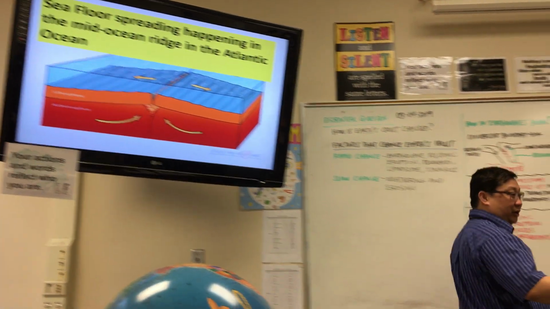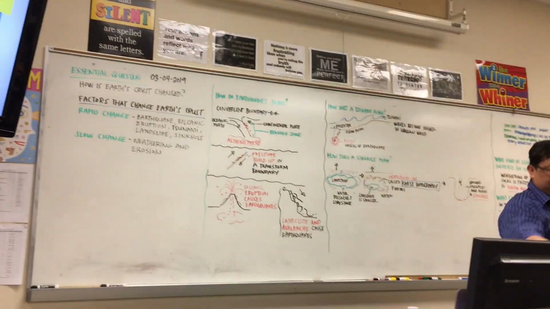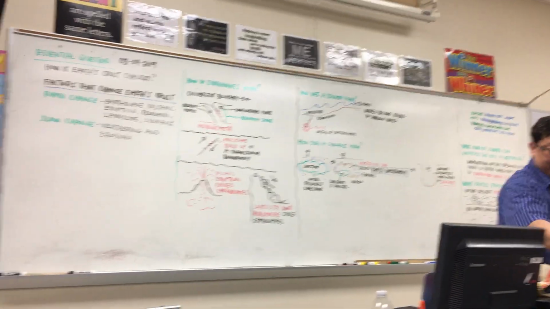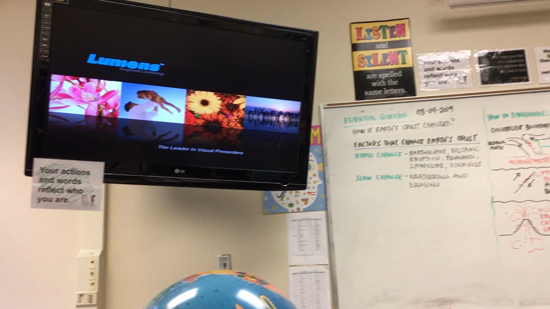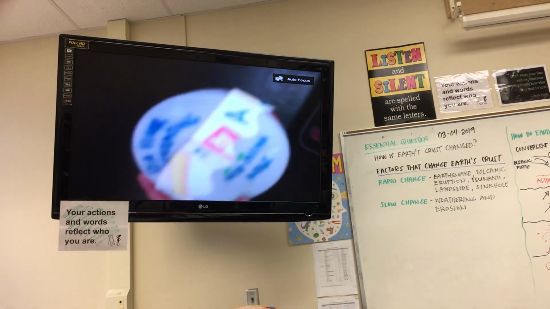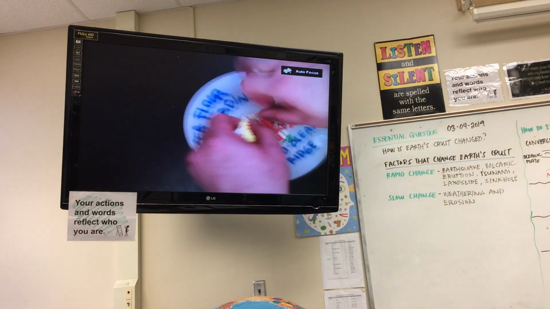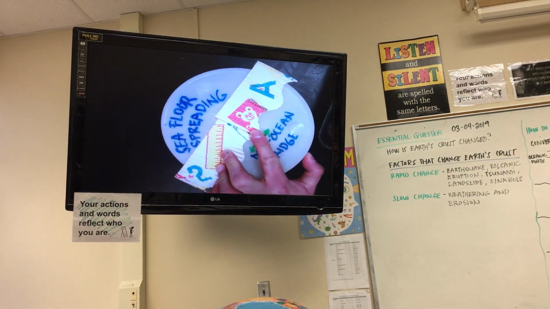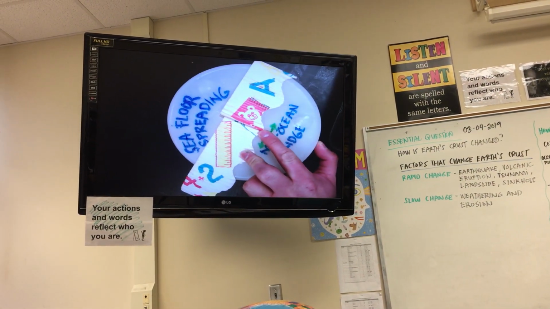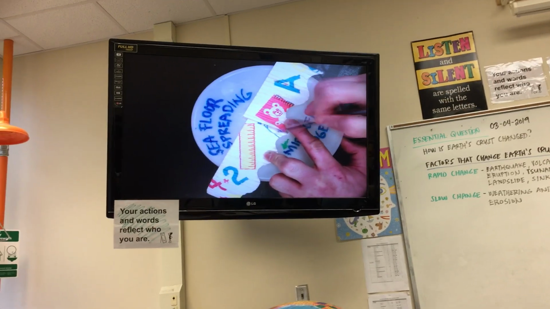Okay, let's look at this one. I'll turn on the camera. This is what is happening. Okay, so this is a model of the seafloor spreading. Now, the youngest rocks are here.